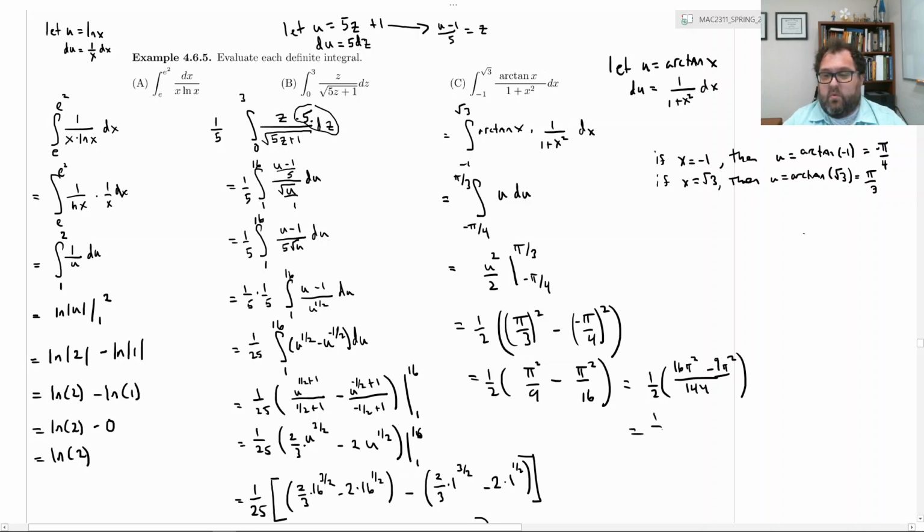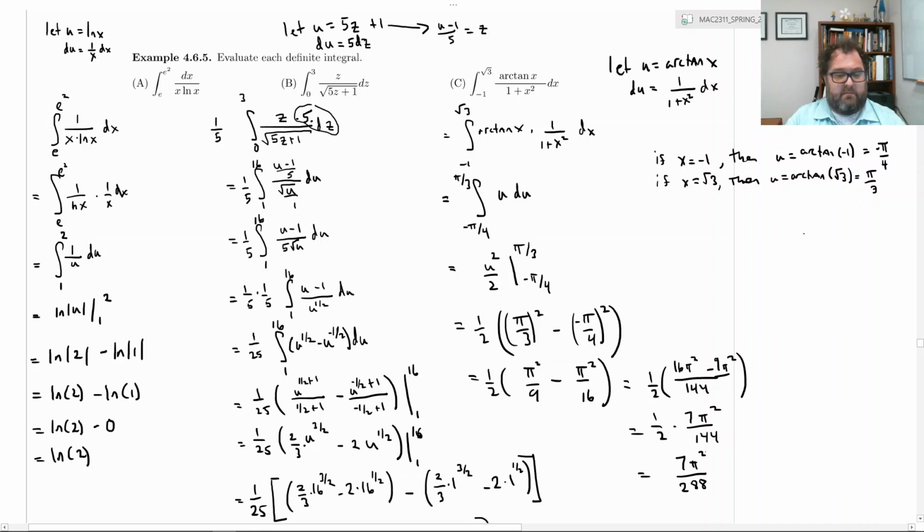Okay, so that gives us 1/2 times, now 16 minus 9 is 7, so 7 pi squared over 144. Then if we multiply by 1/2, same thing as dividing by 2, I think that gives us 7 pi squared over, what's 144 times 2? 288. Now it's possible that simplifies. Let's see.